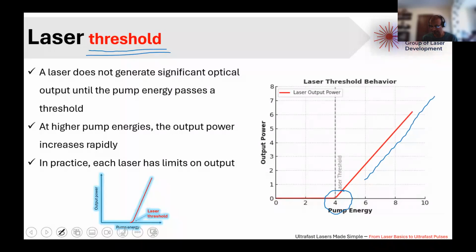Before that, even though the pump energy is increased, you don't see the laser output power. So there is always a threshold value.